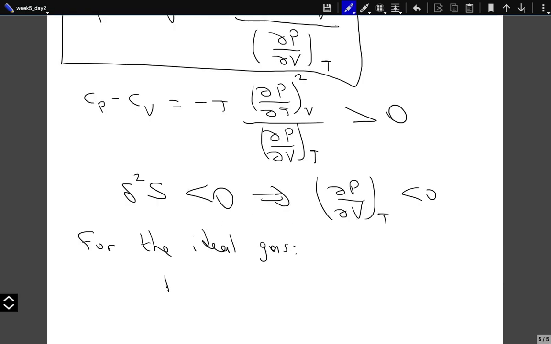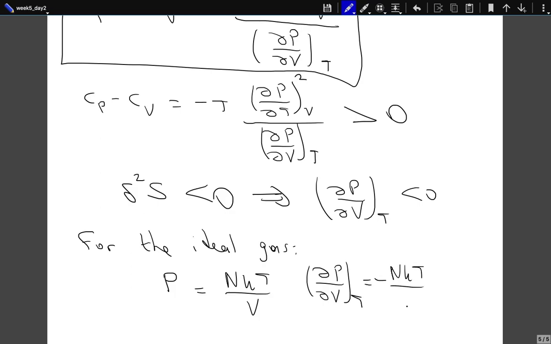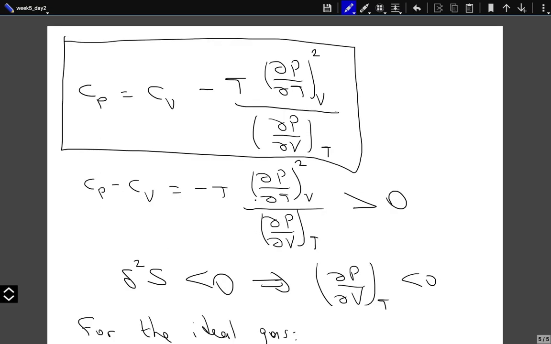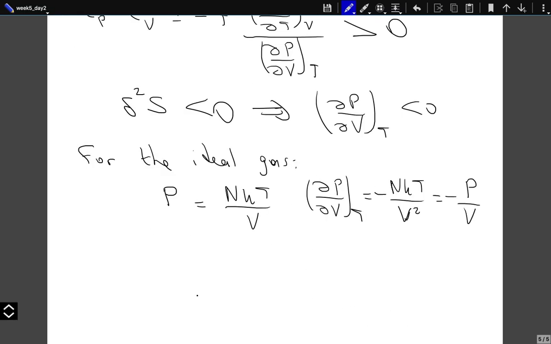Well, for the ideal gas, pressure is nkT by V. So dP by dV at constant temperature will be minus nkT over V squared, or let's write that as minus P over V. That is the denominator. In the numerator, we have del P by del T at constant volume. This is Nk over V, which is just P over T.